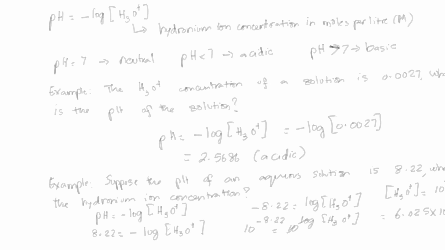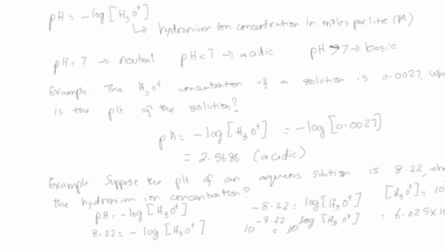I'm trying to find the concentration, so I have to solve for H3O plus. By multiplying by -1 on both sides, I end up getting minus 8.22 equals log H3O plus. Now that is a logarithmic equation, and we know how to solve a logarithmic equation. We take the power of 10 on both sides because it is a base 10 equation.